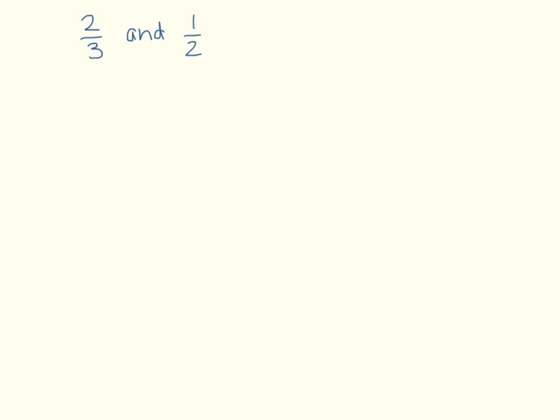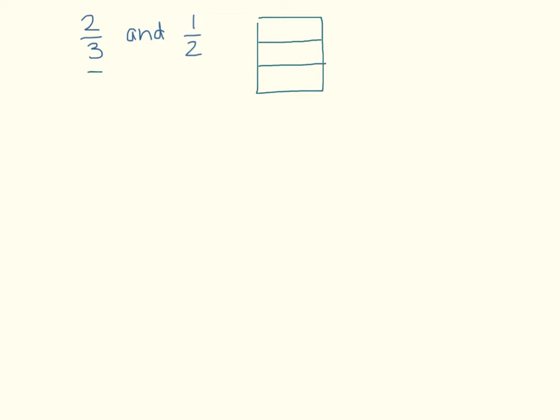We're going to compare 2/3 and 1/2. The first thing we need to do is figure out a common denominator. There's a couple of different ways that we can do this. One way is using the paper folding method that we did earlier, or we could use a diagram. So if we have a rectangle, we can divide this rectangle into 3 equal parts, and then that deals with the 2/3.